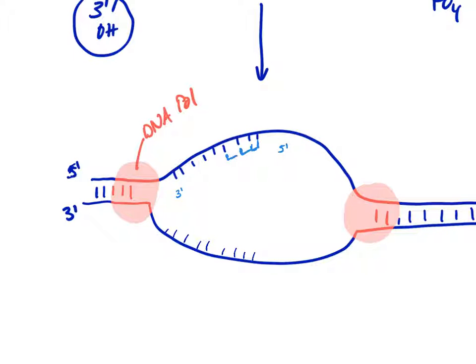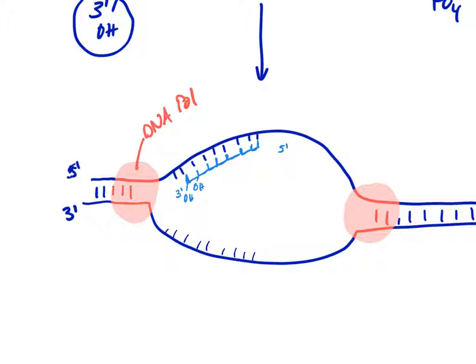You're going to get addition of new nucleotides, right? But every time they add a nucleotide, there's going to be a free OH right there. Then a new nucleotide's added, and there's going to be another OH. So you always have a free 3' OH.